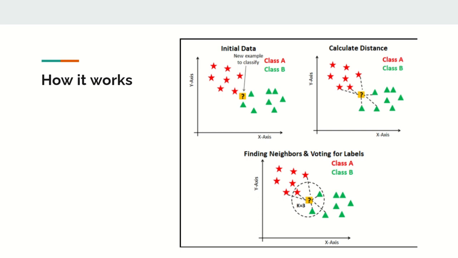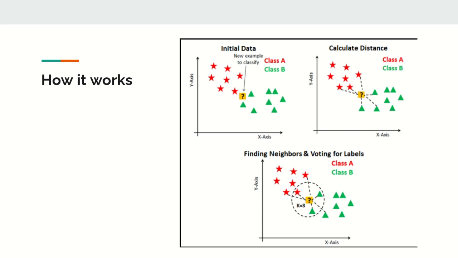There is a class A, which is red stars, and a class B, which is green triangles. Now we calculate the closest points for the question mark. For example, if we take the value of k equal to 3, we calculate the closest 3 points to our question mark, which, coming to our third diagram, is finding neighbors and voting for labels. The closest 3 labels are denoted by the dotted circle, where k is equal to 3.